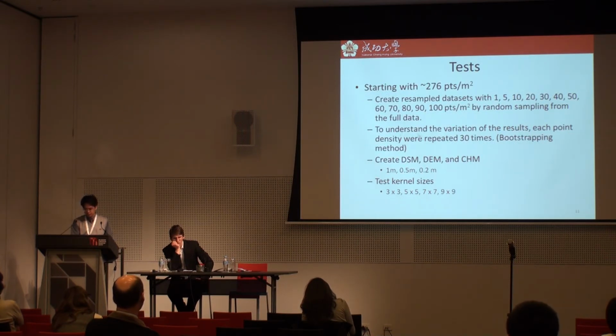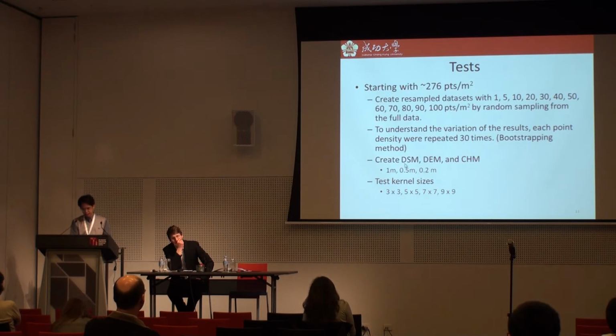To understand the variation of the results, because if we only do this once, that was just one shot, we might as well do it 30 times. So for each of those point densities, we repeat 30 times. So we are pretty much doing the bootstrapping method.